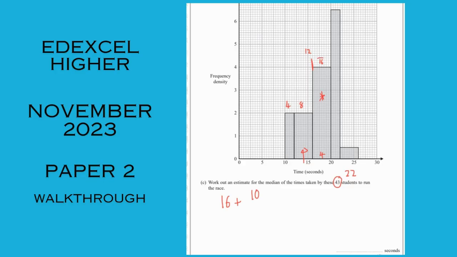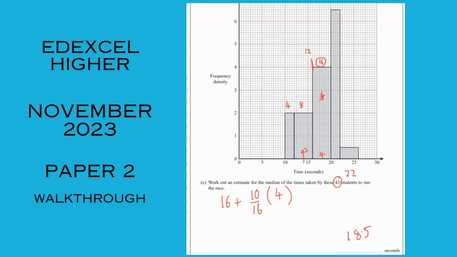The 16 here means I need to be 10/16 into the bar, and the width of the bar is 4. So 16 plus, in your calc, 2.5.